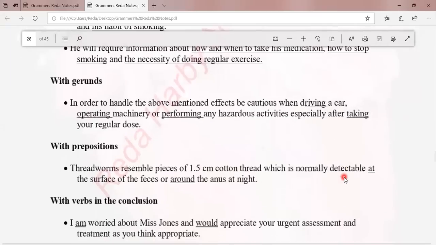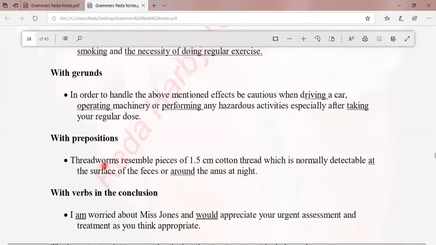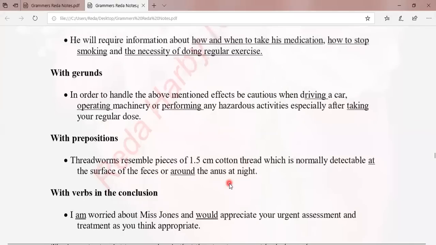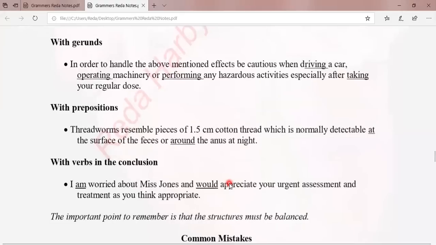With prepositions, threadworms resemble pieces of 1.5 centimeters cotton thread, which is normally detectable at the surface of feces or around. So at or around, because this is called prepositions.